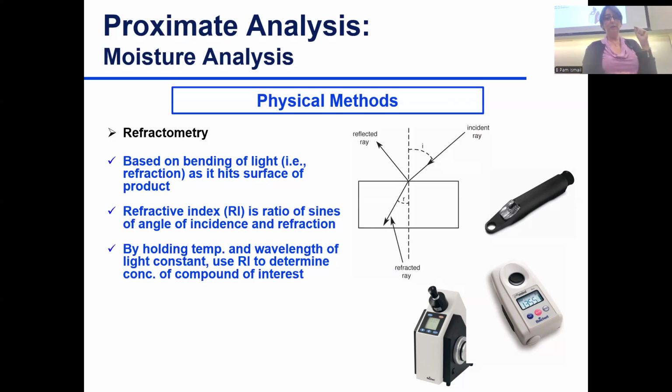Usually we select a specific wavelength of light, make sure it's constant, the temperature is held constant as well, and then we get a reading for refractive index that converts to total solids. Then you subtract that percentage from 100 and get the total moisture content.